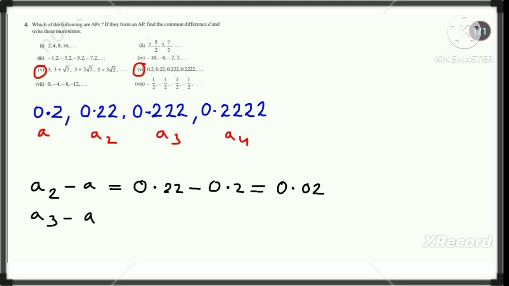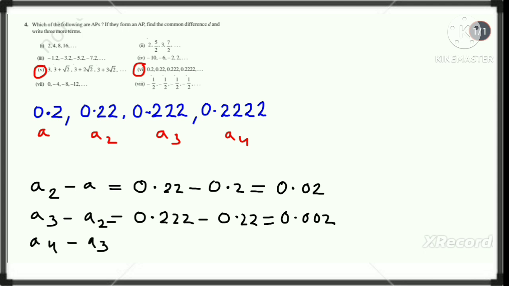Now let's find the difference between A3 and A2. A3 equal to 0.222 minus A2 equal to 0.22, and after subtracting we obtain 0.002. Now let's find the difference between A4 and A3.